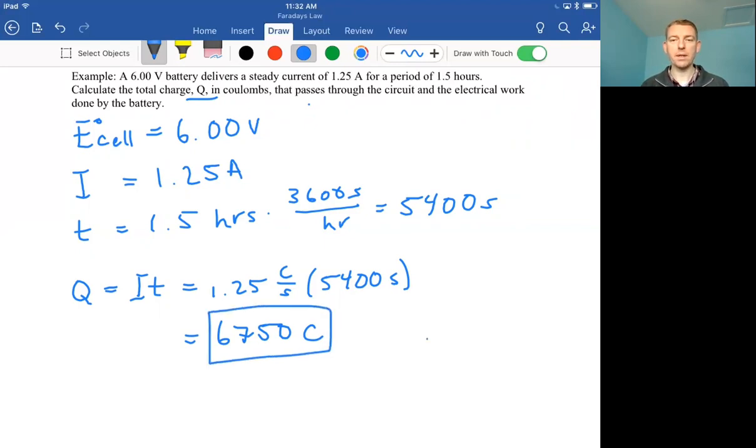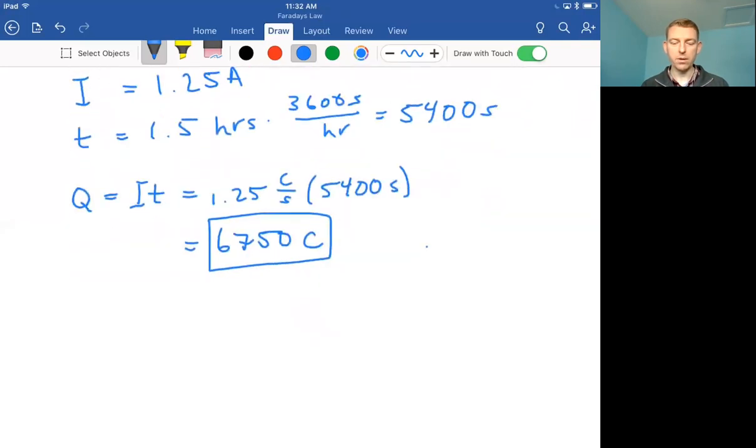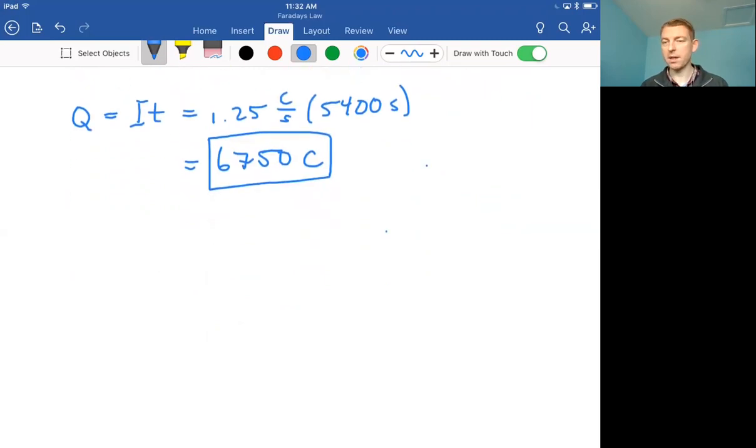And now we want the electrical work done by the battery. So how we're going to find work done by the battery is to first think about what's going to let us access an amount of work. Remember that delta G, or the Gibbs energy of a reaction, is equal to the maximum amount of work accessible through that reaction.